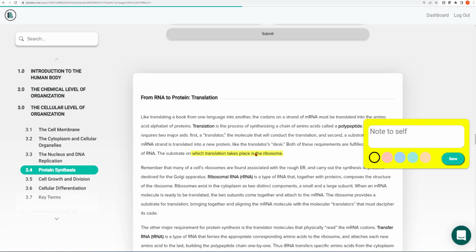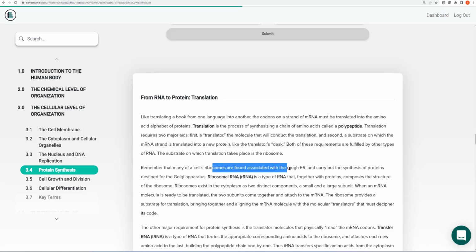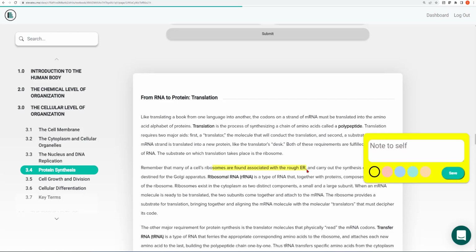It happens out in the cytoplasm associated with the ribosomes. Most of the ribosomes are attached to the rough ER. Other ribosomes are just floating around in the cytoplasm. So this process of translation can happen either on the rough ER or it can simply happen floating out in the cytoplasm.